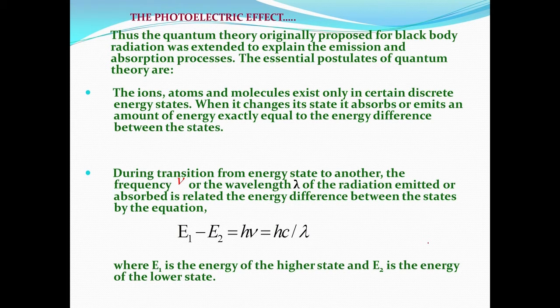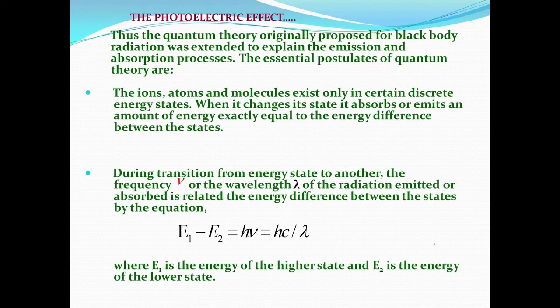The equation is very simple, we have been discussing it all the time: E1 - E2 = hν = hc/λ, where E1 is the energy of the higher state and E2 is the energy of the lower state. E1 and E2 are arbitrary, it does not make any difference. What we are simply saying is that one is a higher state and one is a lower state.